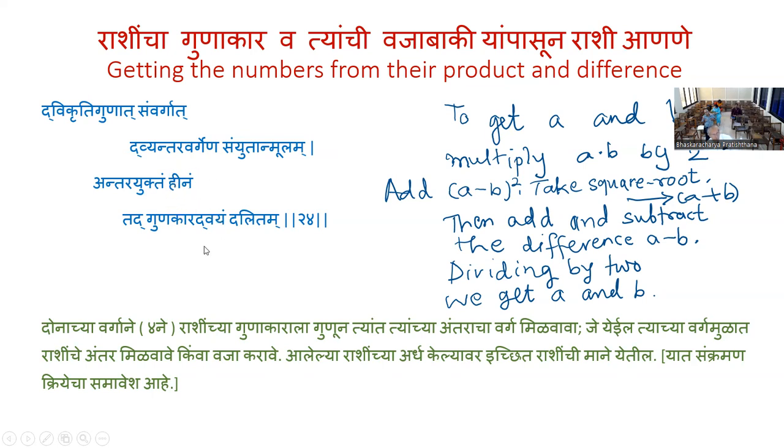Gunakara dvayam dalitam: if you divide by 2, then those two numbers are obtained. So dividing by 2, we get a and b. Antara yuktam hinam also; hinam means you subtract. Tad gunakara dvayam: these two numbers, if you divide by 2, you get the two numbers. So this is roughly the meaning of that.